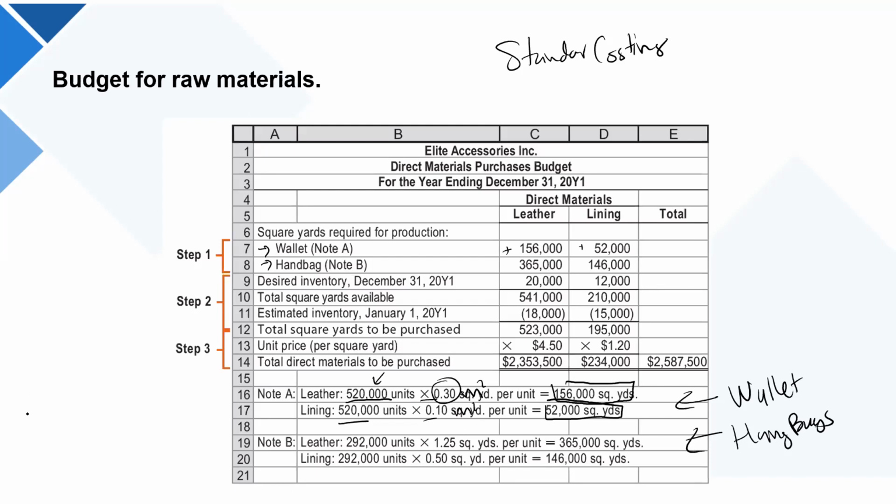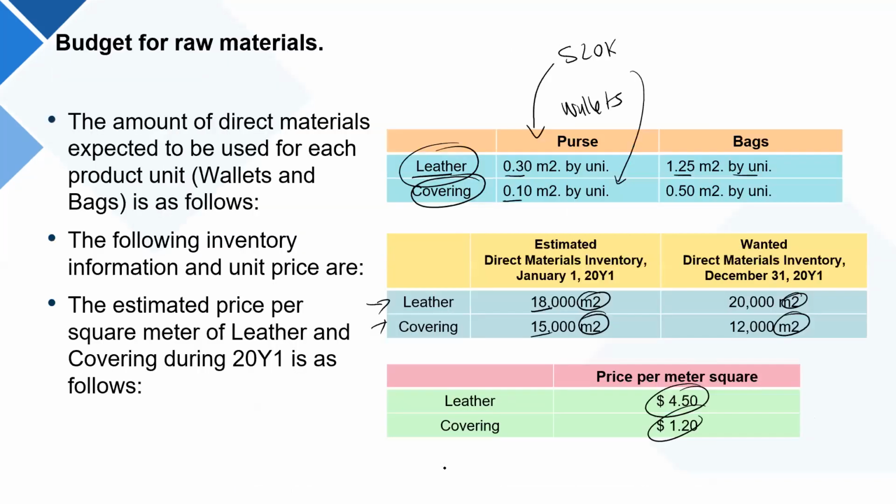That is just the units times the cost driver, right? Our cost driver is in this case 0.30, in this case 0.1, in this case 0.25, and in this case 0.50. We don't need to calculate them because they are given values to us, so we just need to multiply them.